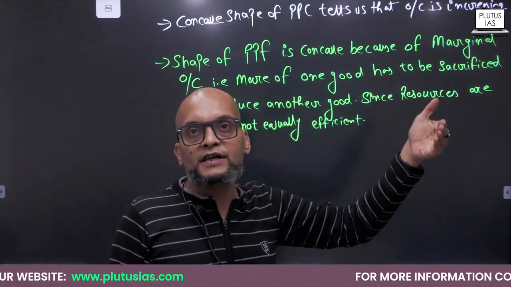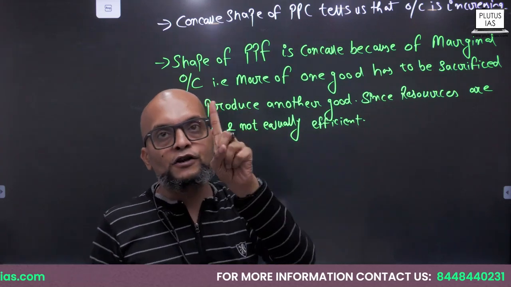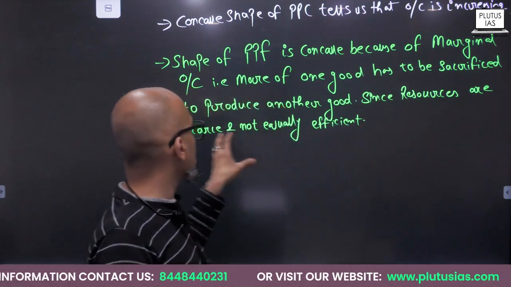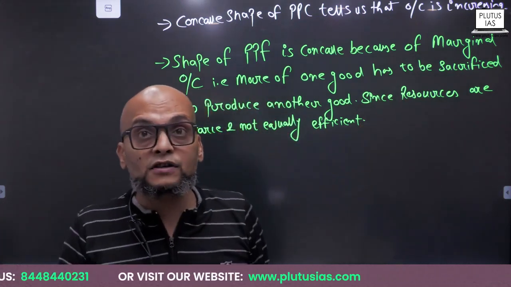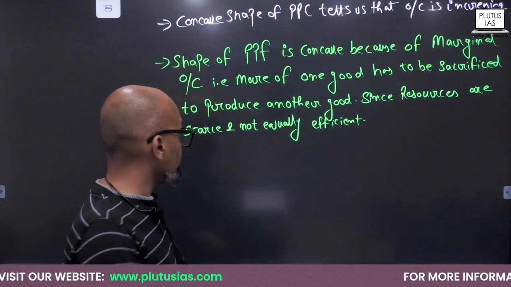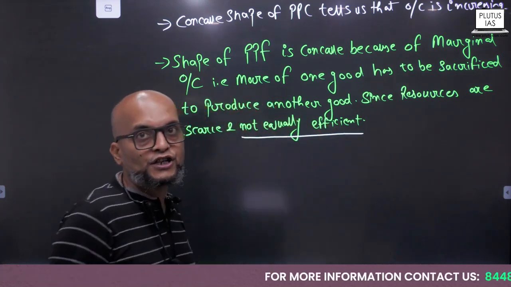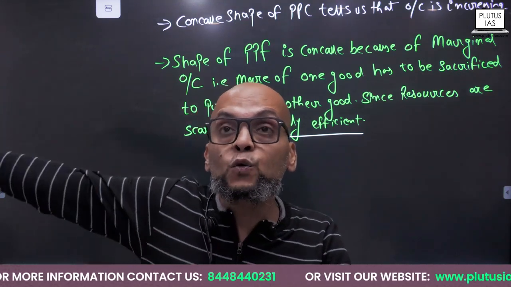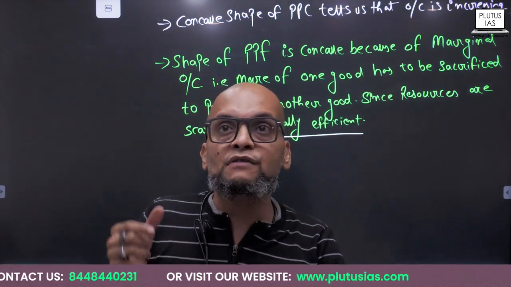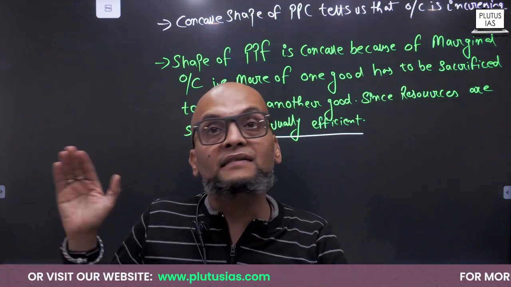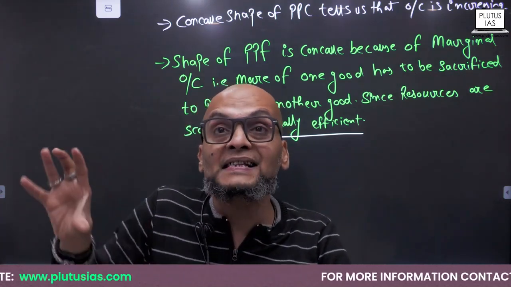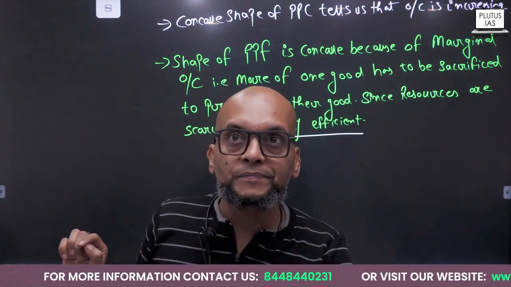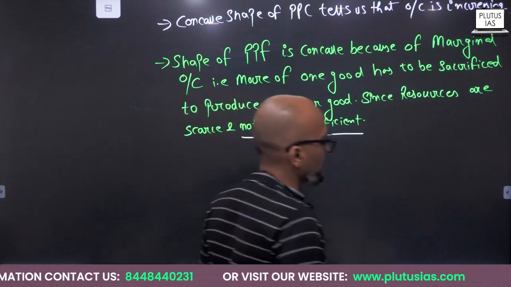Initially 2 units, then 3 units, then 4 units of A were sacrificed in order to produce 1 additional unit of good B. Why does this happen? Because, as I told you, resources are scarce and are not equally efficient. That means resources which were good for producing good A, when employed for producing good B, the result will not be that efficient. You will not get the same amount as you were getting in the case of good A. Understood? Okay, so that's why the shape of the curve is concave.